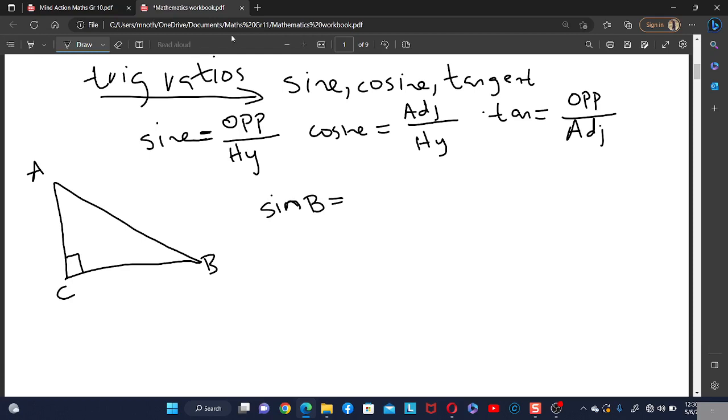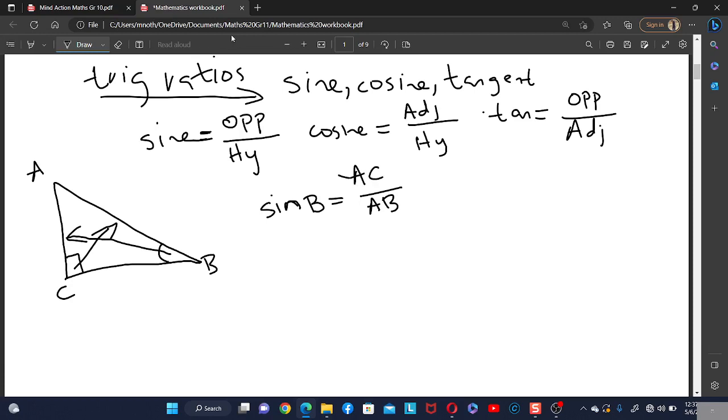We know that the hypotenuse side is the one that is opposite to 90 degrees, which means that in this case it is AB. This is the hypotenuse side. Then the opposite side: because we are talking about angle B, the opposite side is AC.